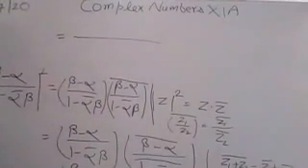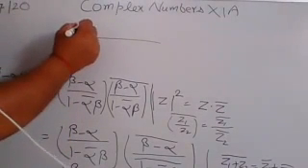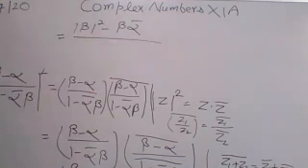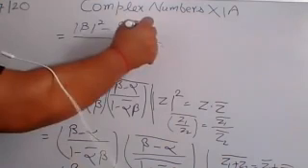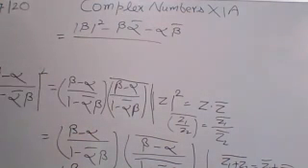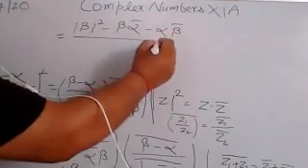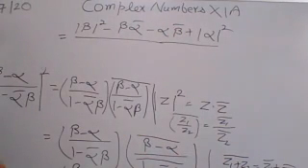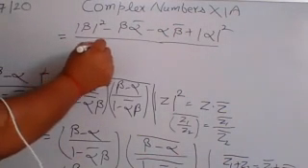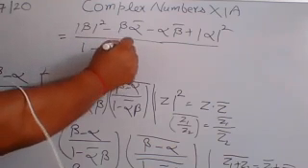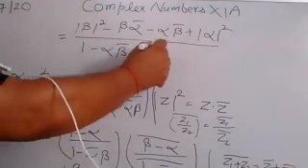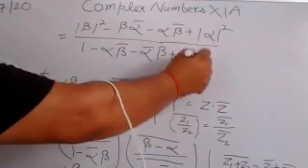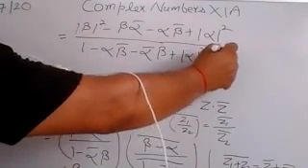So beta into beta bar is mod of beta whole square minus beta alpha bar, you write here beta alpha bar minus alpha beta bar, plus here you write mod of alpha whole square. And in the denominator you have 1 minus alpha beta bar minus alpha bar beta, and here you have mod of alpha whole square mod of beta whole square.